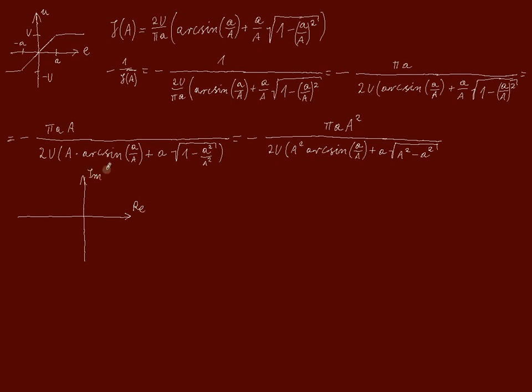To do this, we need to calculate where this characteristic will start and where it will end. It will start at the smallest possible amplitude A, and the amplitude of this linear element must be greater than small a to cover all the fragments of the static characteristic that interest us.